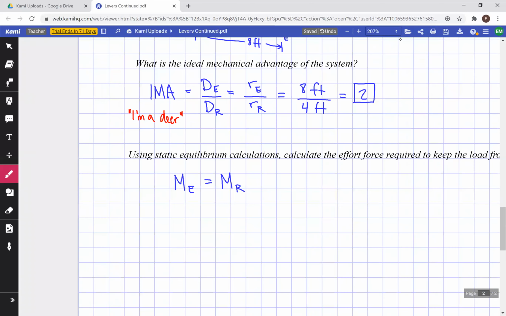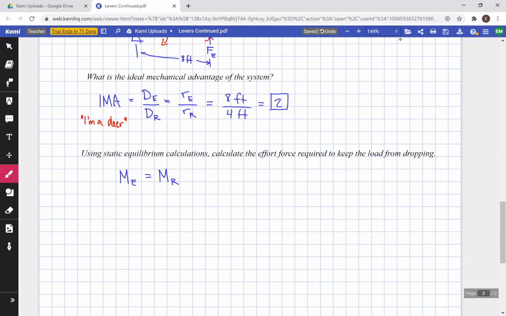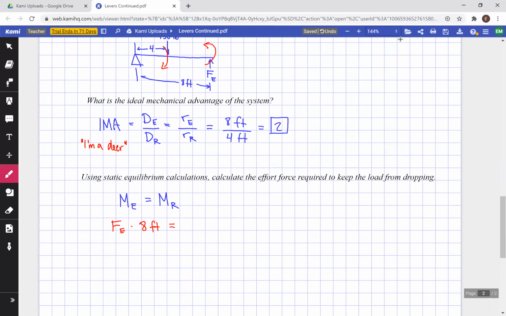So the moment caused by the effort force is going to be the effort force times the distance from the fulcrum, which we know is 8 feet, and the moment created by the reaction force is equal to the load or the resistance force.